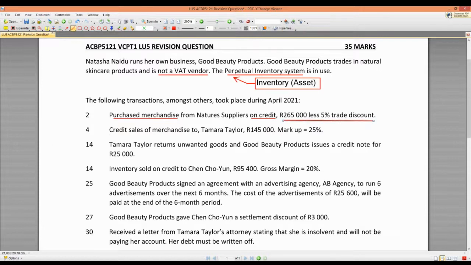Okay, at what value will we bring this into our books? The merchandise we've purchased, at what value will we bring it in? If I tell you we purchased something at 265,000 less 5% trade discount, what value will you capture it in your records?